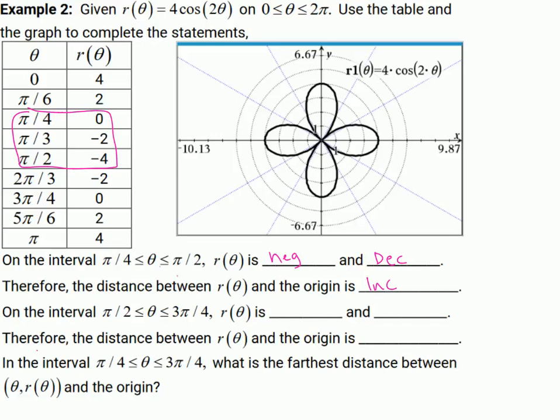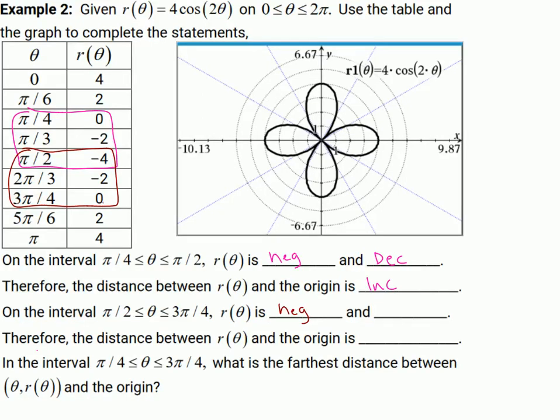All right, so on the interval from pi over 2 to 3 pi over 4, let's do that in a different color this time. Let's go back to pink. Oh, I actually was already on pink. From pi over 2 to 3 pi over 4, so that's all of this now. All right, what kind of r values do we have? Well, I notice that they're still negatives, right? But are they getting bigger or smaller? I notice it goes from -4 to -2.